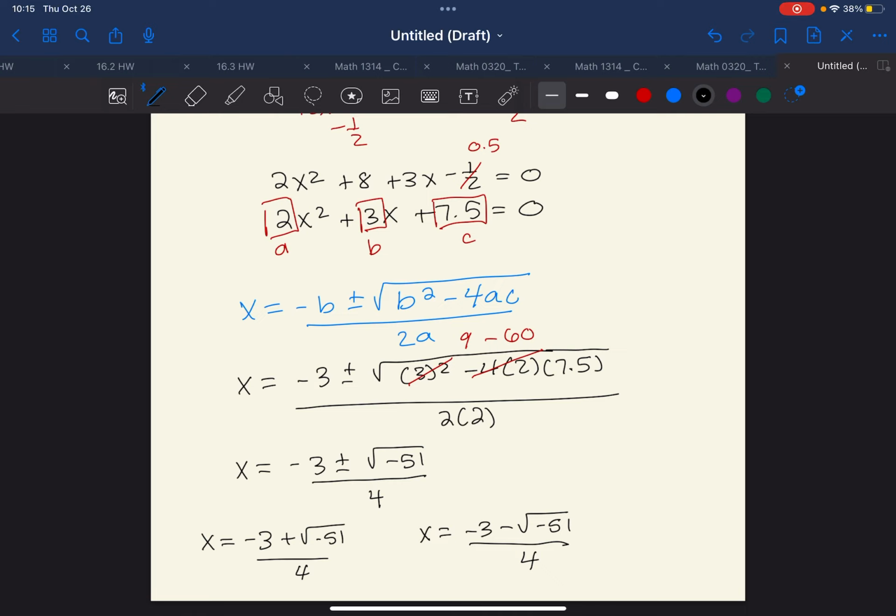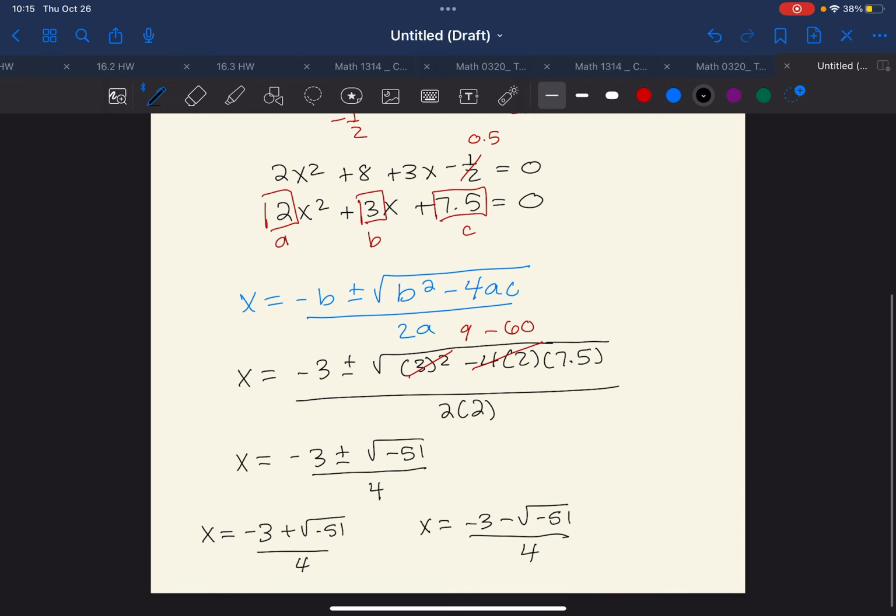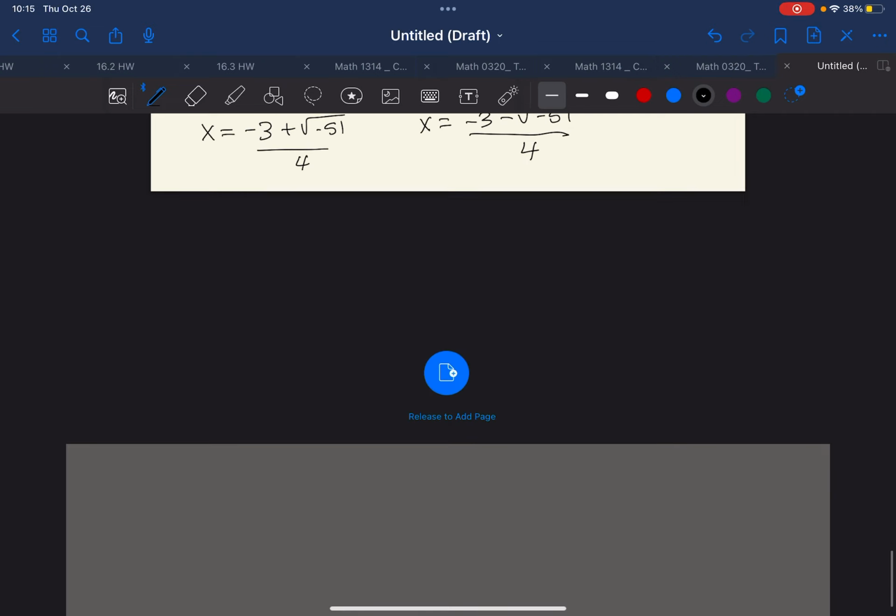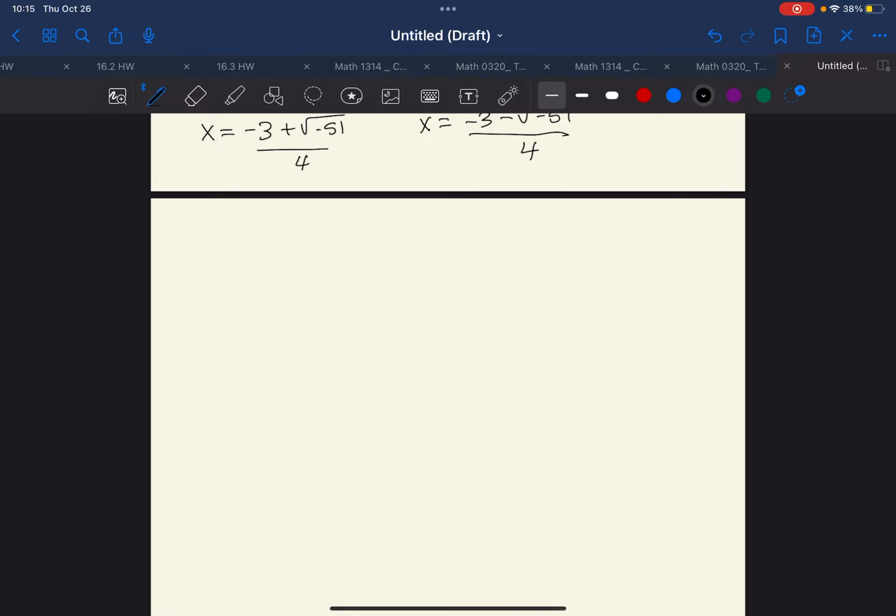Okay, so then, now we have x is equal to negative 3 plus 7.14i all over 4. And x is equal to negative 3 minus 7.14i over 4. Okay.